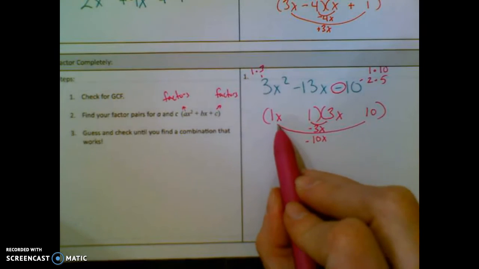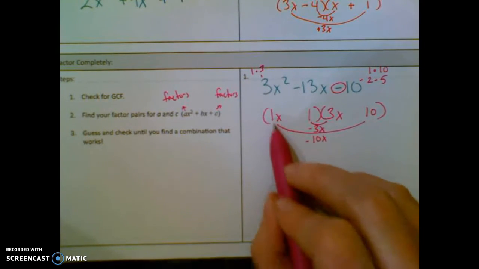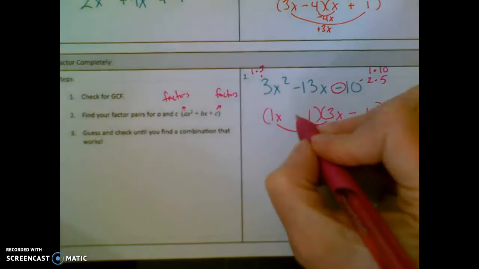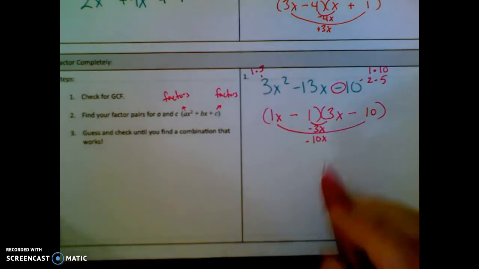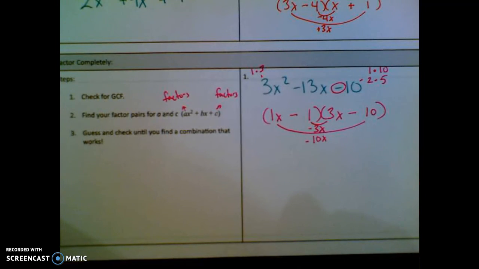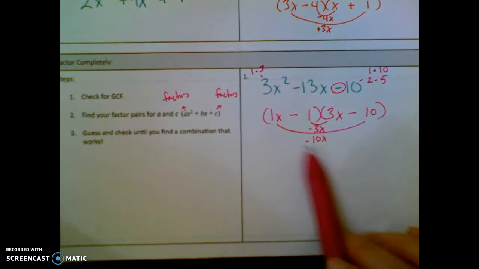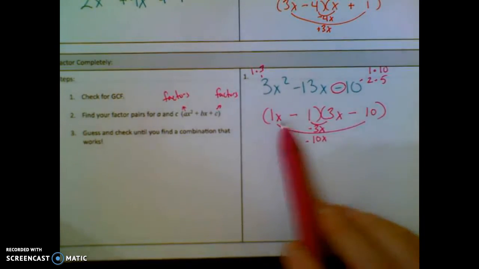So the only way to get a negative 10x and a negative 3x would be to have a negative sign here and a negative sign here. But does negative 1 times negative 10 give me negative 10? No. So in this case, the middle numbers actually do work out, but then the outer numbers no longer work.